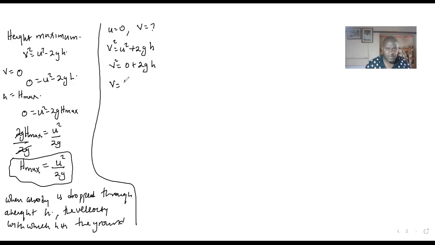So V alone will be the square root of 2GH. So this is the expression of final velocity with which bodies hit the ground.